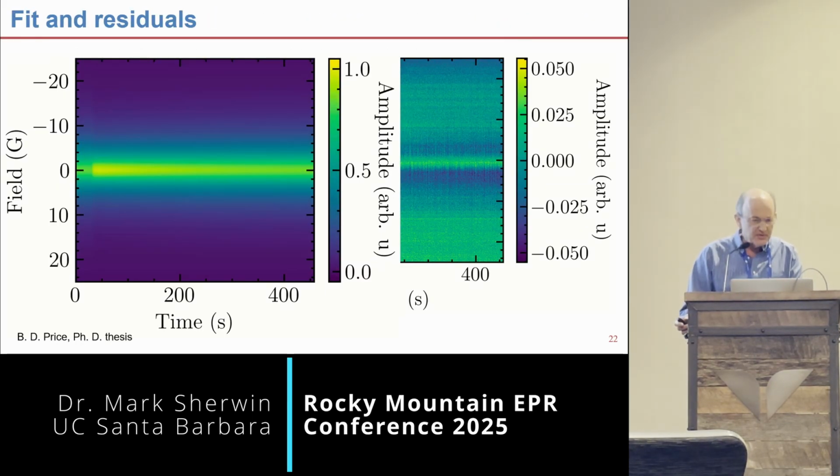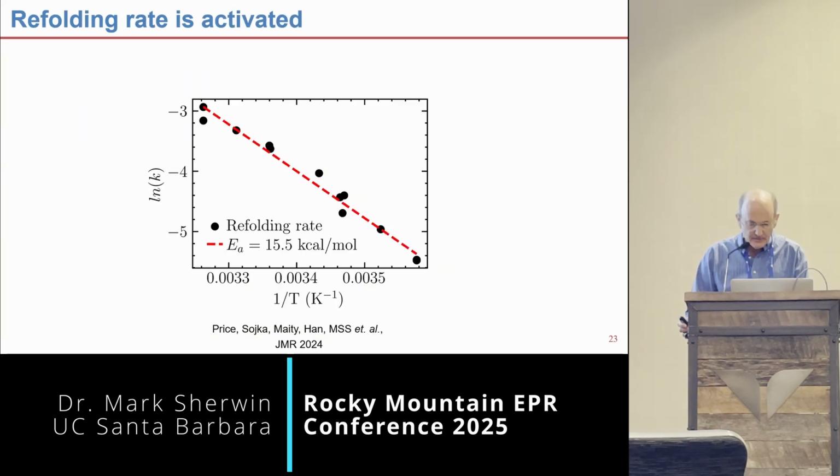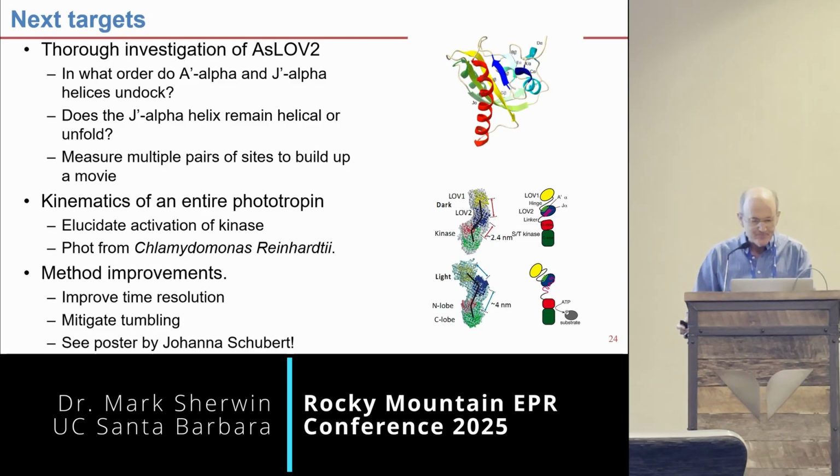The residuals are small. So this is the fit, and these are the residuals. They're less than 5% and time independent. And the refolding rate that we measure is activated and has 15.5 kilocalories per mole activation energy.